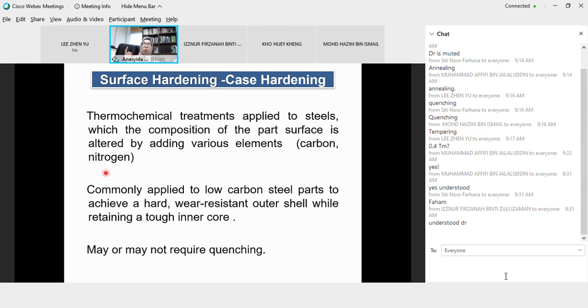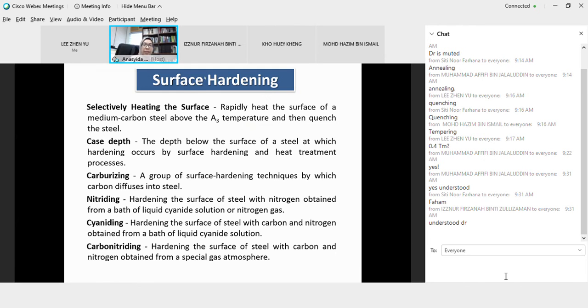So we go back to what we have learned before. Certain materials akan jadi solid solution dan certain akan form compound. Some of the terms, selective heating and case depth, we will cover later, so I'll skip this slide.